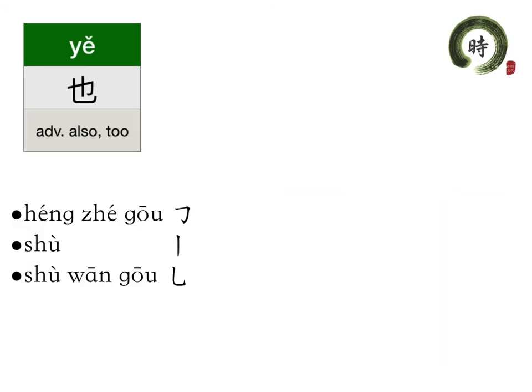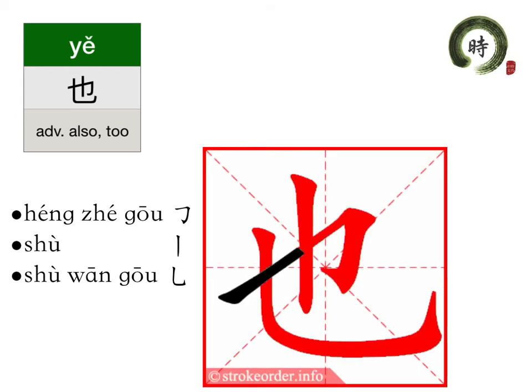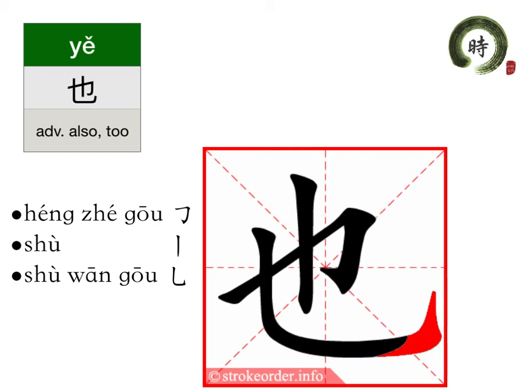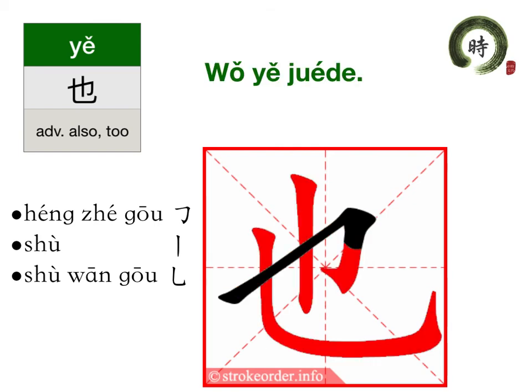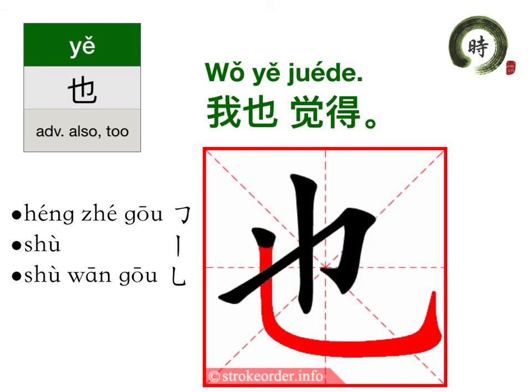Okay, so now let's take a look of 也. 也 here is an adverb. It means also. Too. So if you want to say, I think so too, you can say, 我也觉得。Please write down 也.